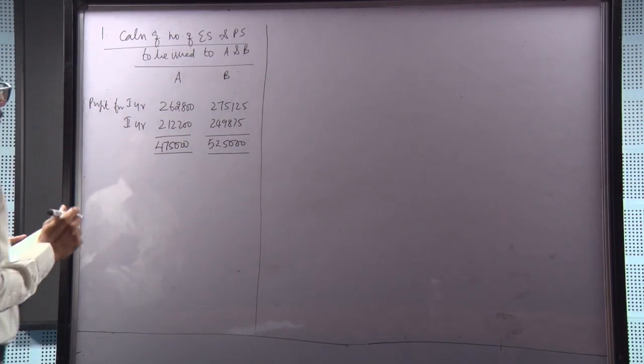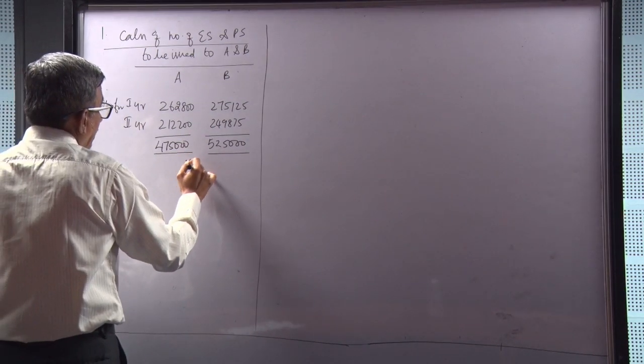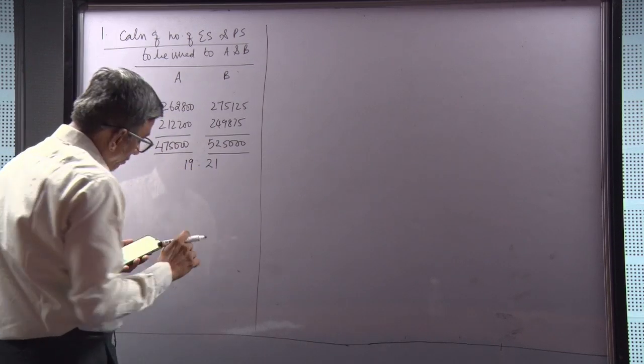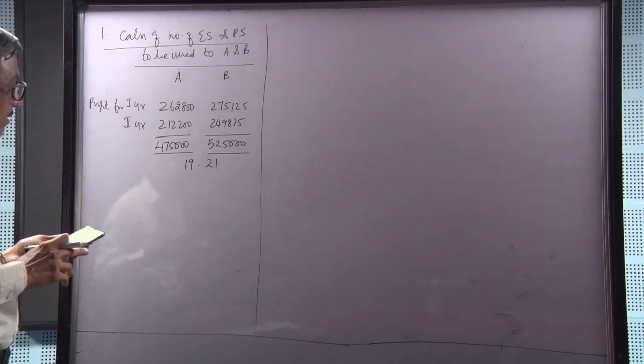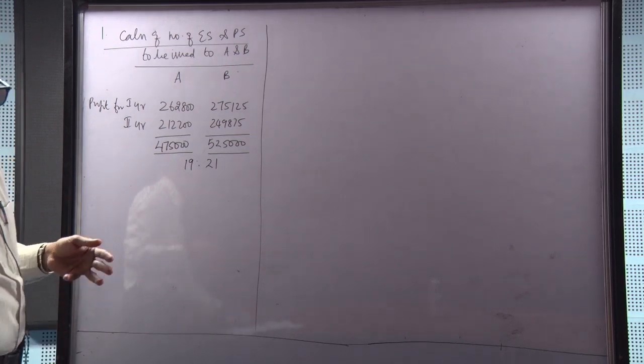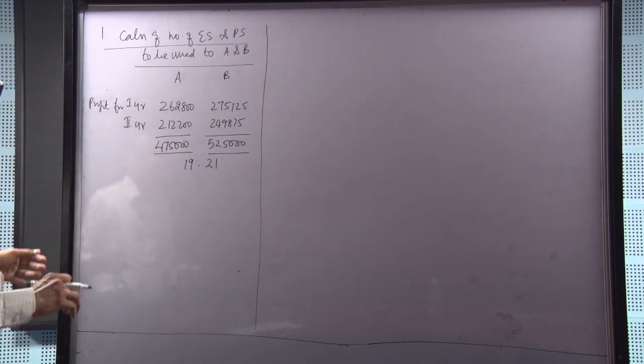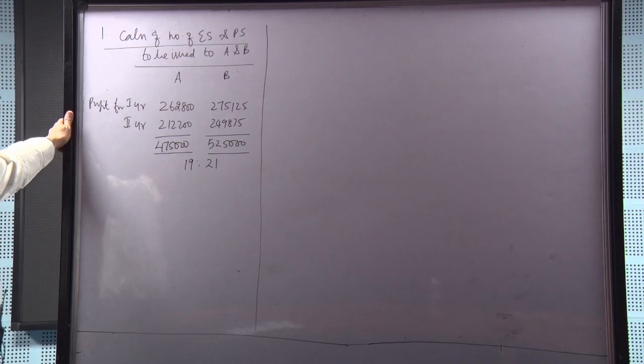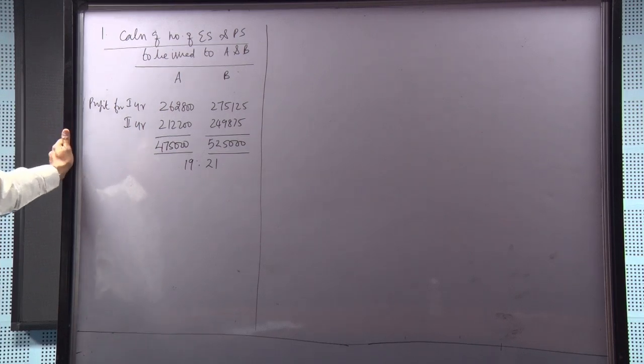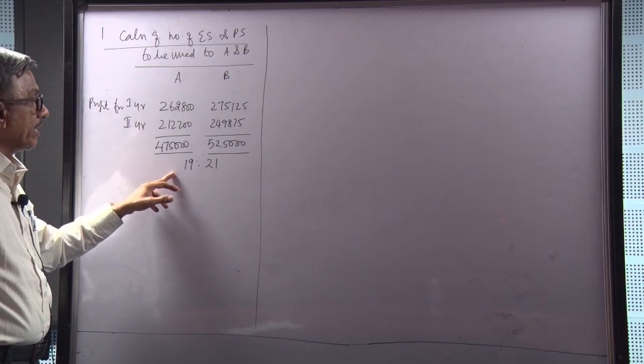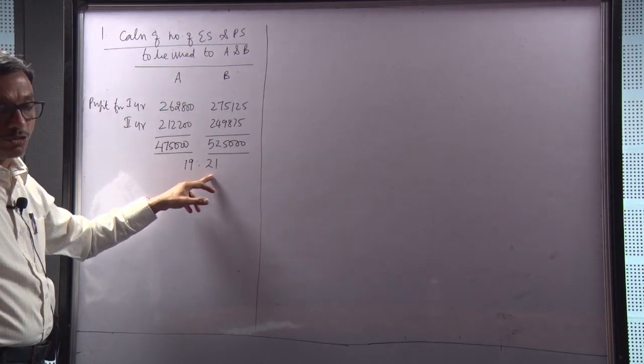This will be in the ratio of 19:21. If you divide this by 25, you will get 19:21. The total number of shares available is 24,000 shares. Therefore, how many shares to be given to A? 19/40 will be given to A, 21/40 will be given to B.